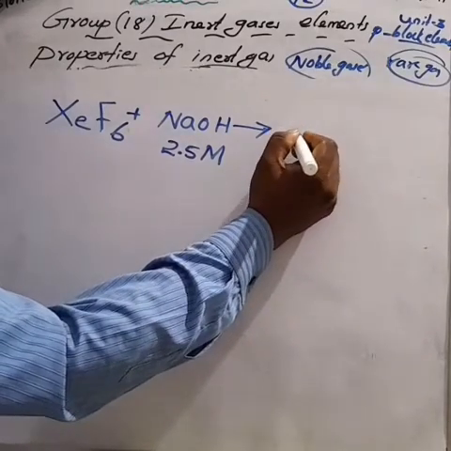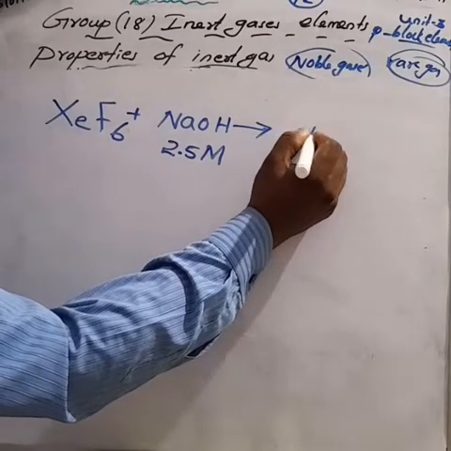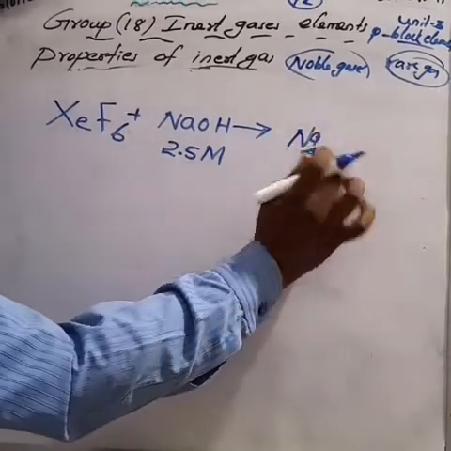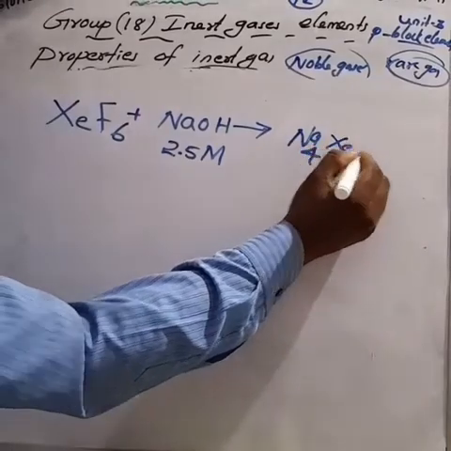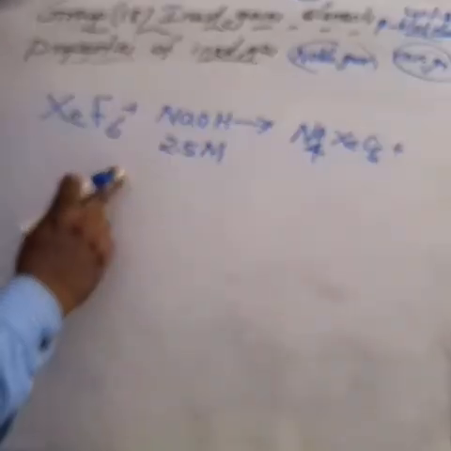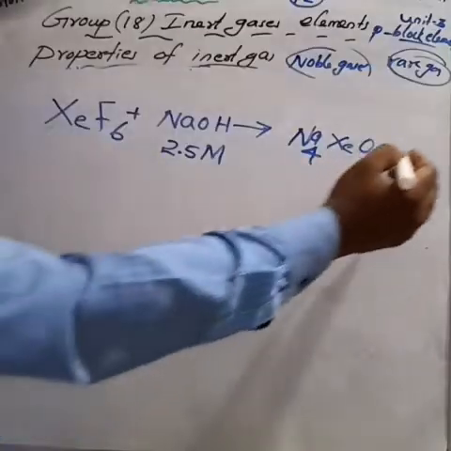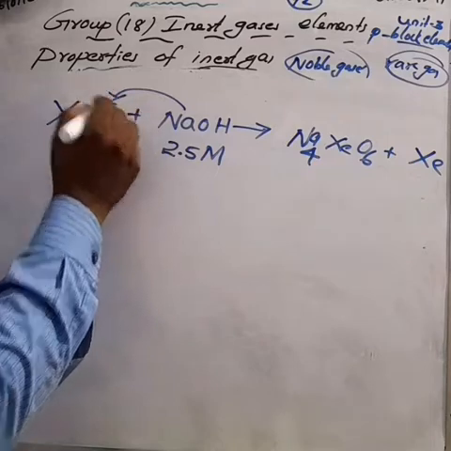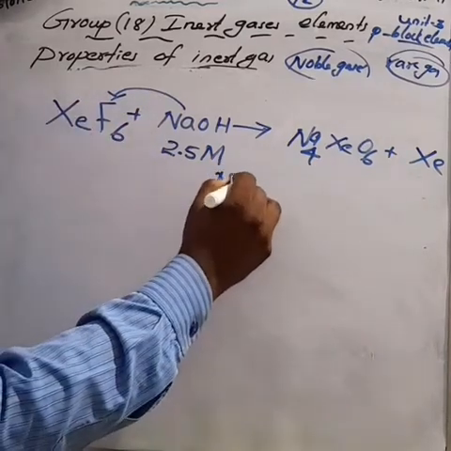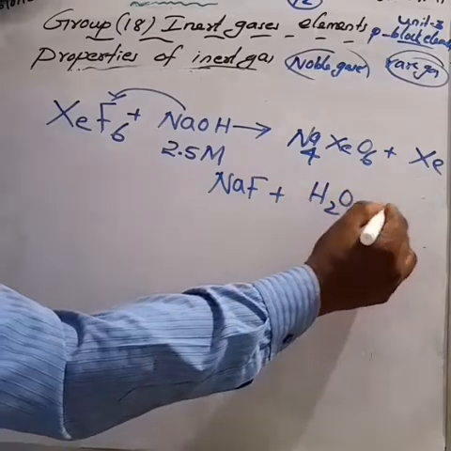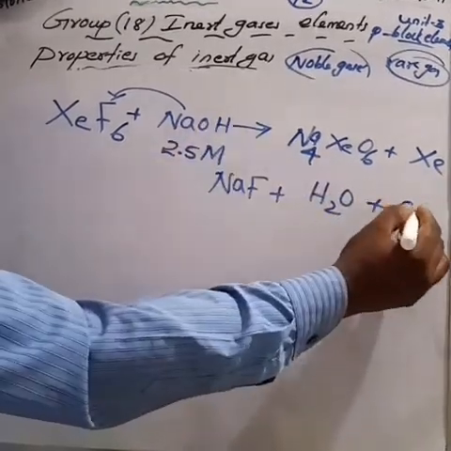What is the formula of sodium perxenate? Na4XeO6, sodium perxenate. And also we get xenon, that is Xe, and sodium combines with the fluorine, we get NaF, and hydrogen combines with the O to form water molecules, and also we get oxygen O2.